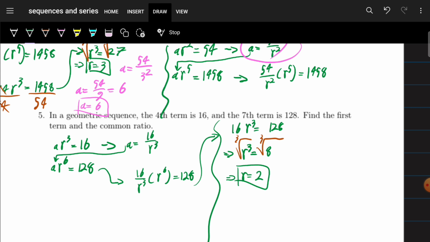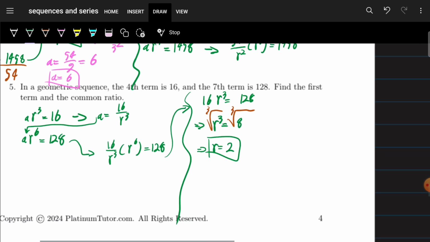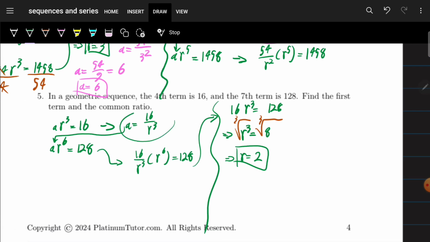Now we're going to have to solve for the first term. So how can we do that? Well, we can plug it into this guy. Again, you could also plug it into any of these first two equations. So we know that a is equal to 16 over 2 cubed.